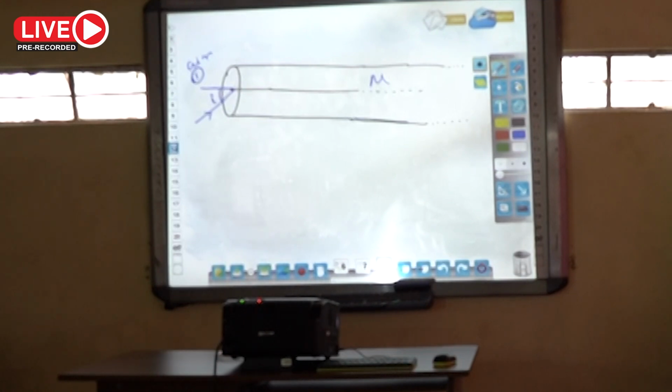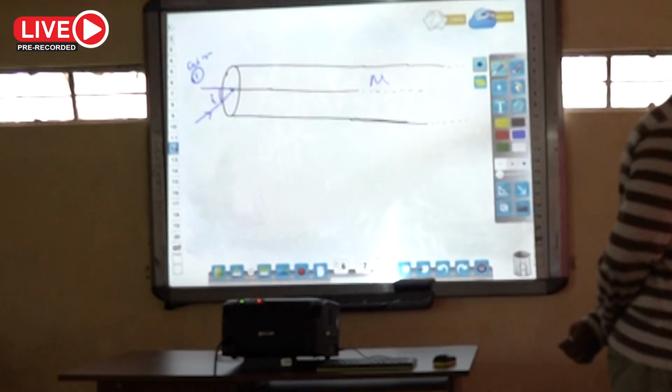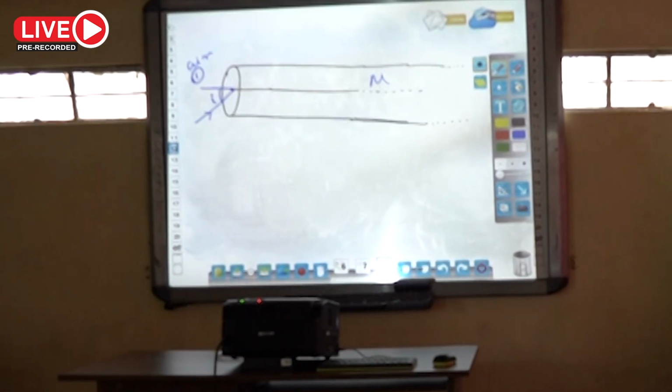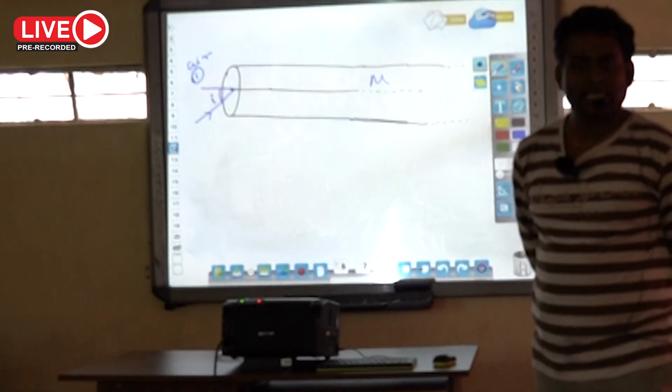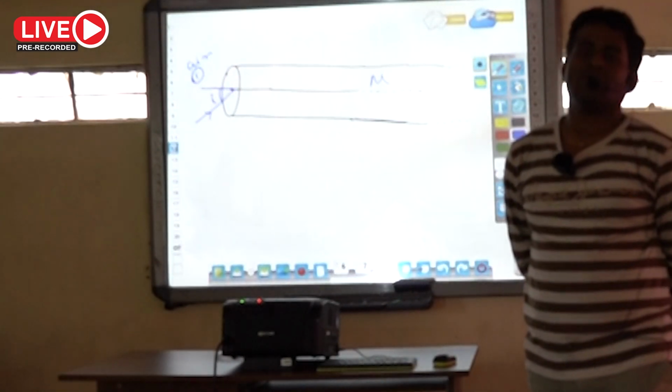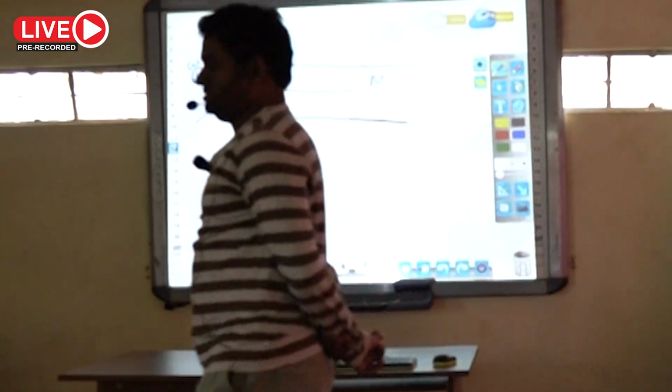For that, what will be the range of I? That you have to find out. I should be less than or equal to sine inverse root over of mu square minus 1. This form you have to derive.